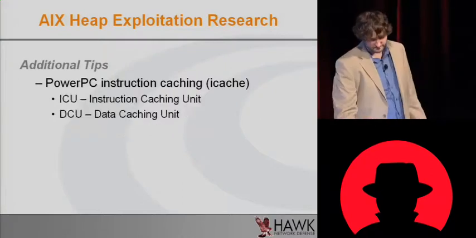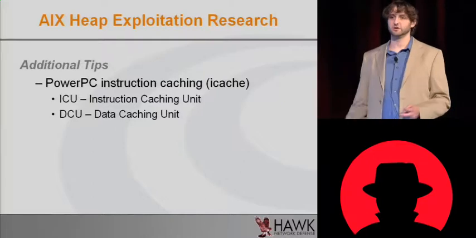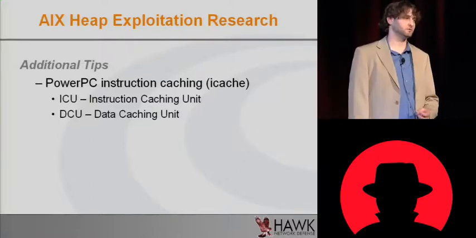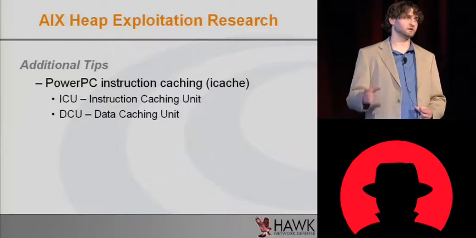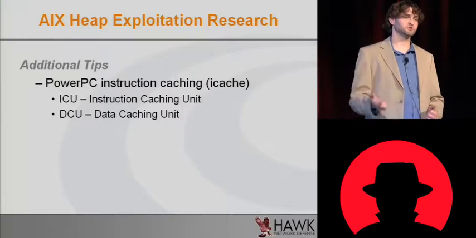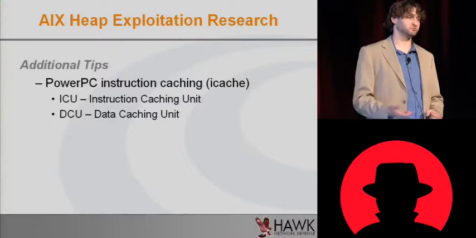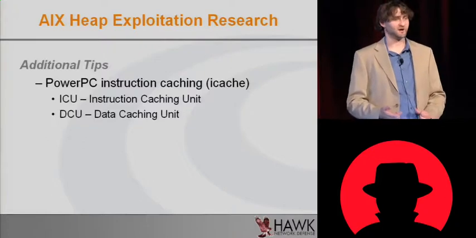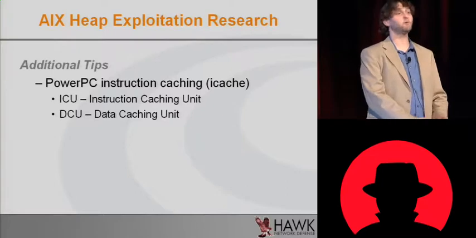There are 2 different types of caching. Instruction caching is going to affect your shellcode. If you're not storing things immediately in, say, registers and other locations in memory, then once again you have to wait a few more instructions for that to take effect. What happens is you expect a value to be there, and oh, by the way, it's not there.